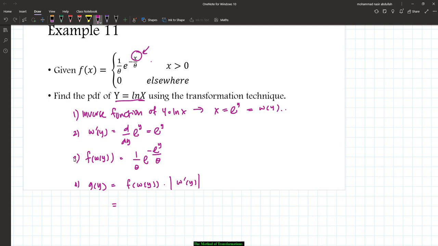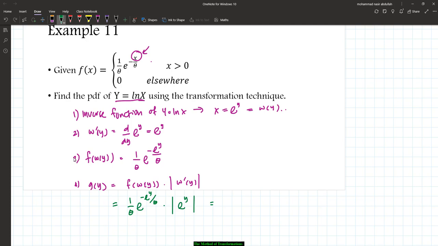So this one should be equal to 1 over theta exponential negative exponential y over theta multiply with the absolute of exponential y.